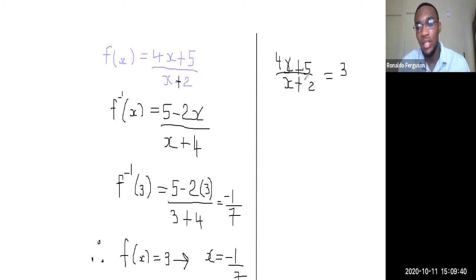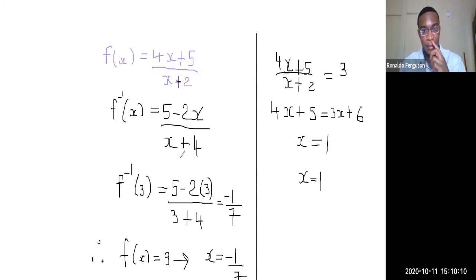We cross multiply to get 4x plus 5 is equal to 3 times x plus 2, which is 3x plus 6. Solving this, we bring 3x over here to get x, and we bring 5 over there to get 1. So this is telling me that x should be equal to 1.